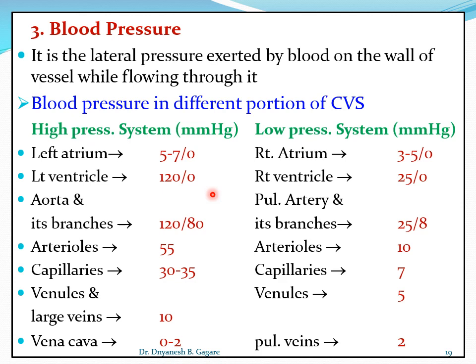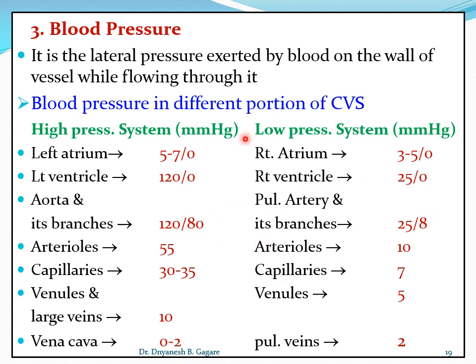Whatever blood pressure we consider is always in the aorta and large vessels, where we measure it on the patient, and the mean blood pressure is about 100 millimeters of mercury.